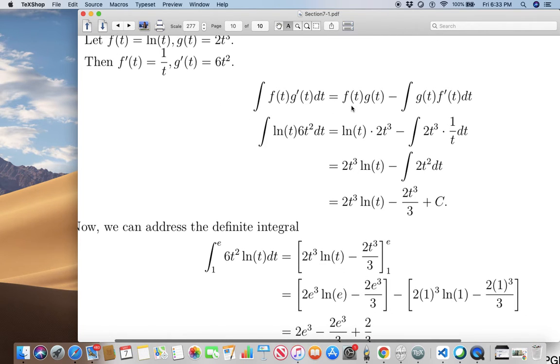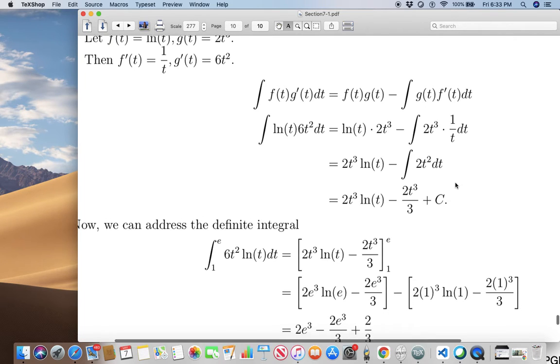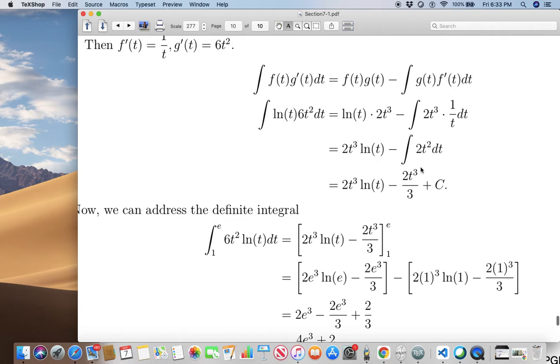Integral of f g prime is fg minus integral of g f prime. So this reduces, and you are left with 2t squared. Its integral is straightforward, 2t cubed over 3.